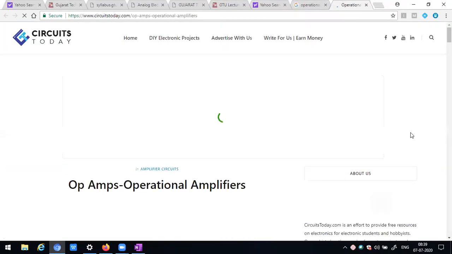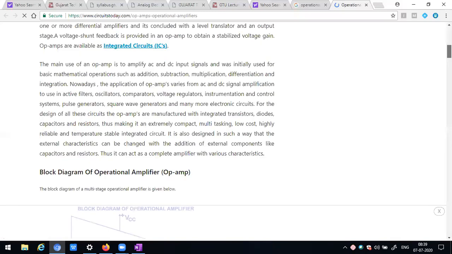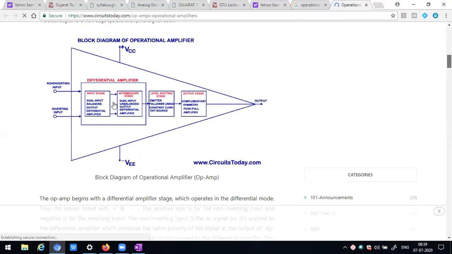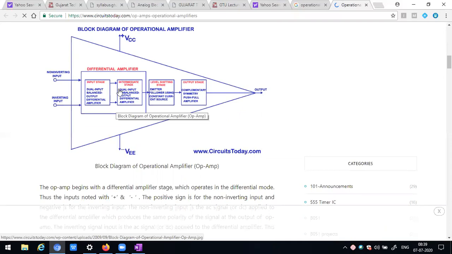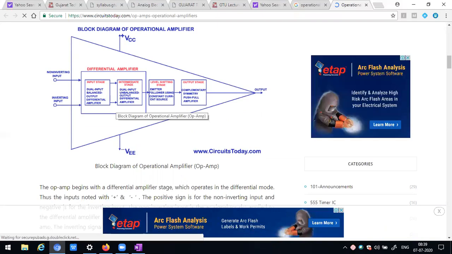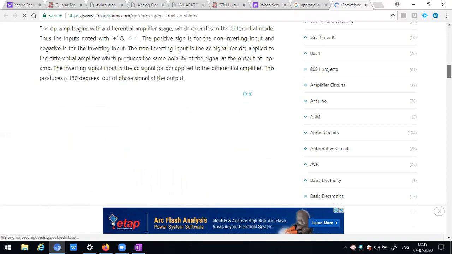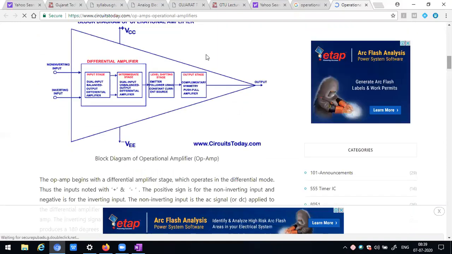Dual input unbalanced output differential amplifier, emitter follower or level shifter, or complementary symmetry push-pull amplifier, or we can say power amplifier. This is the block diagram of the operational amplifier that I would like to explain.